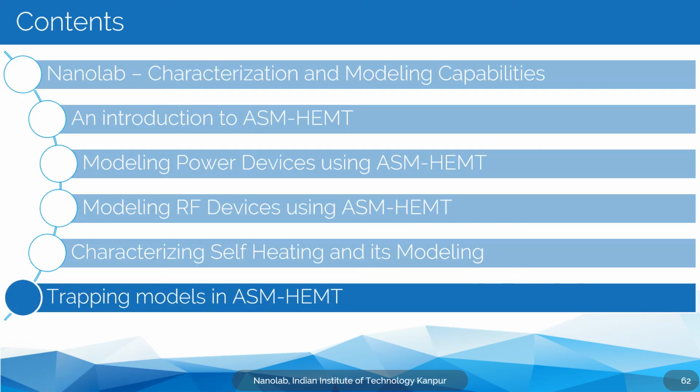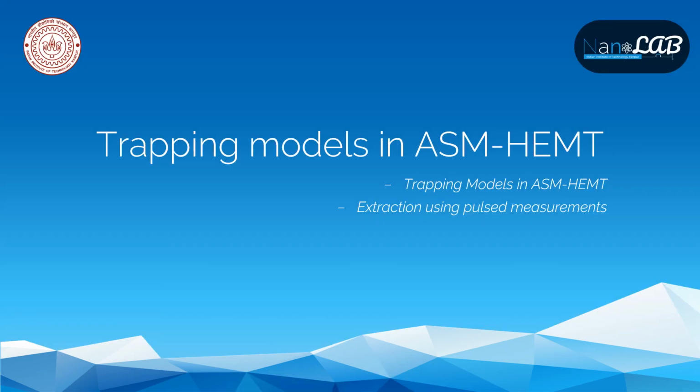Now the last section which we're going to discuss are the trapping models in ASM-HEMT. We'll see how trapping has been modeled in ASM-HEMT and how to extract those trapping parameters using pulsed measurements.